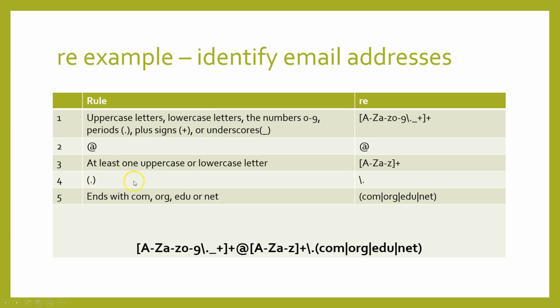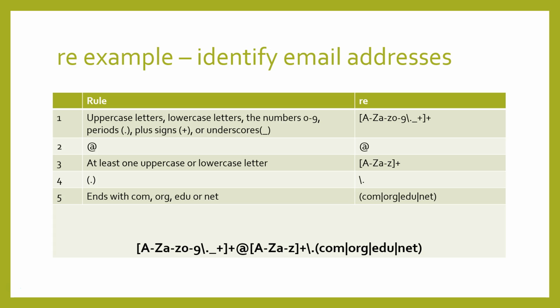And the next rule is that this is followed by a period, which is \period. You must include a period before the domain name. And the last rule is finally the email address ends with .com, .org, .edu, or .net.